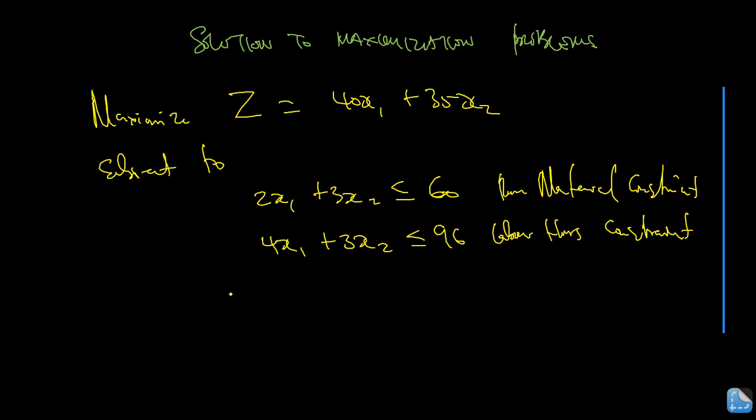So the last thing we do is we're going to say x1, x2 must be greater than or equal to 0, because you can't have negative values for physical quantities. You can't say we have negative 25 solar panels or negative 2 geysers or negative 5 tanks.